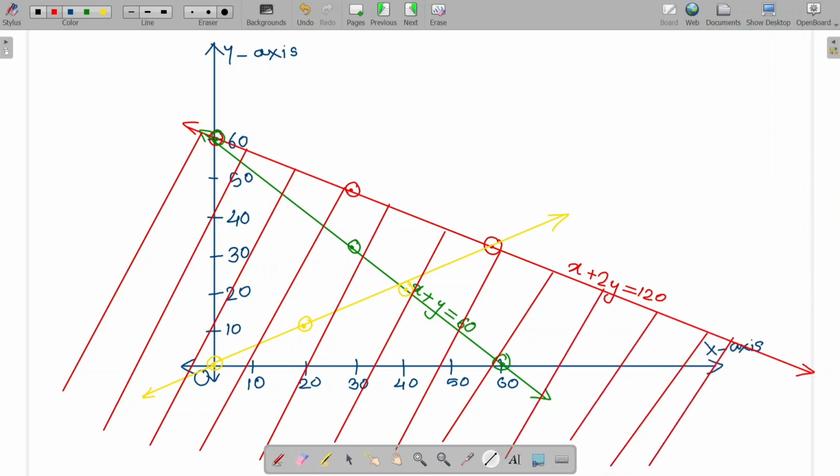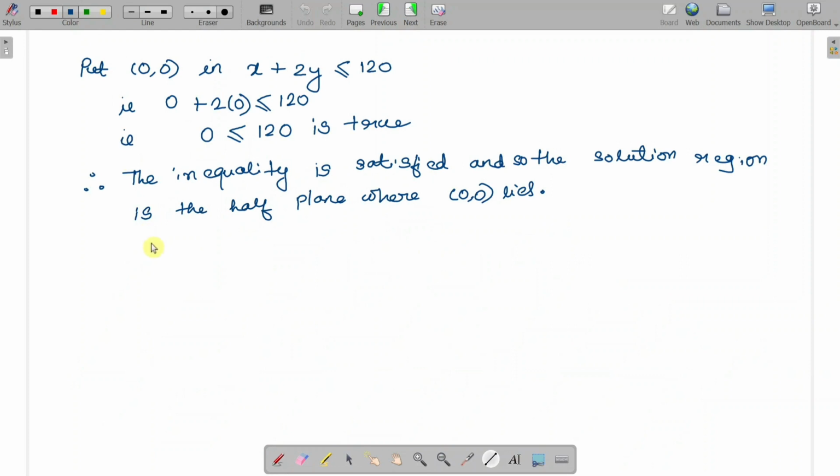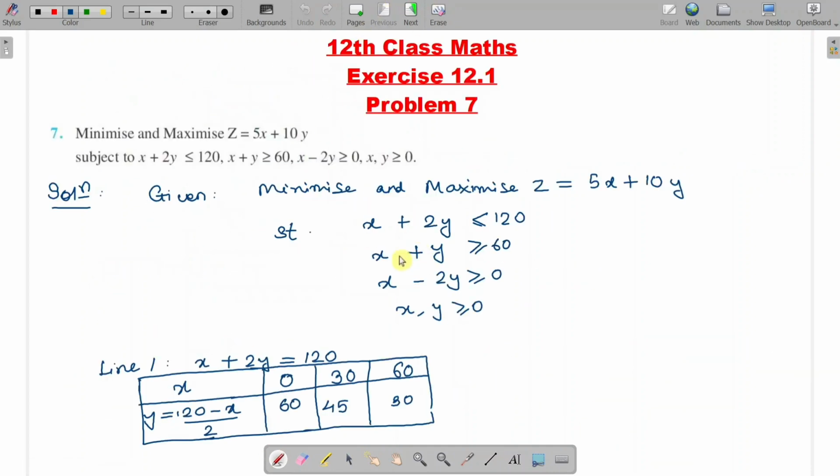Okay, now let us look at the solution region of the second line. So put 0, 0 in the second inequality, that is x plus y greater than or equal to 60.